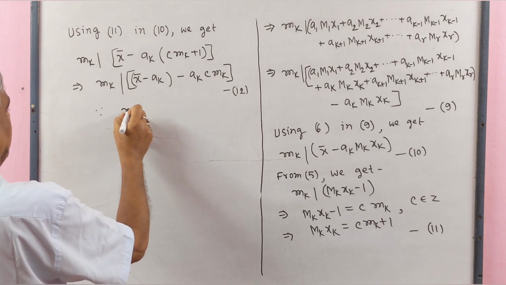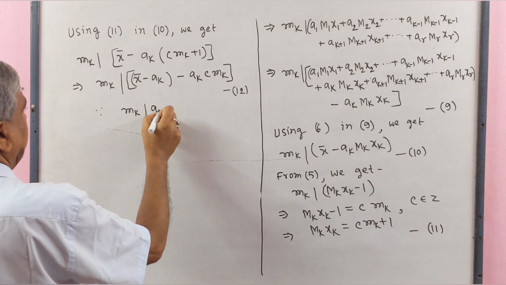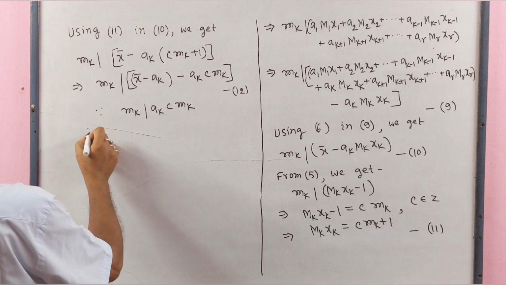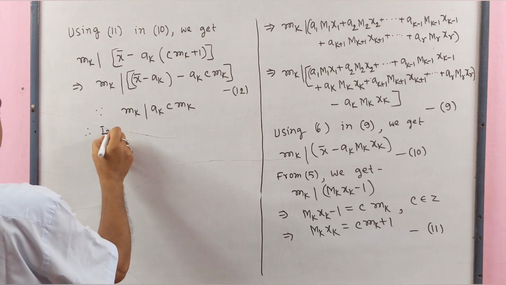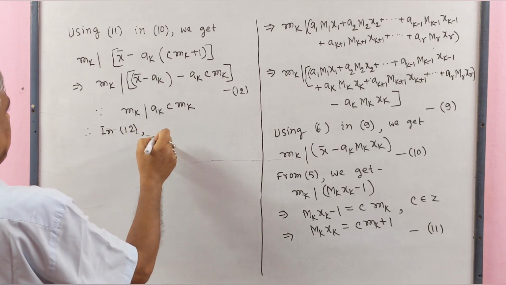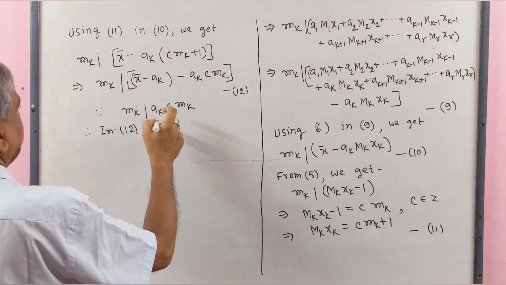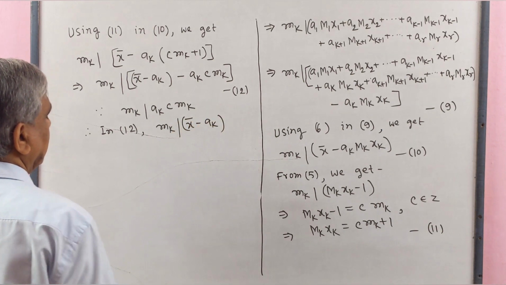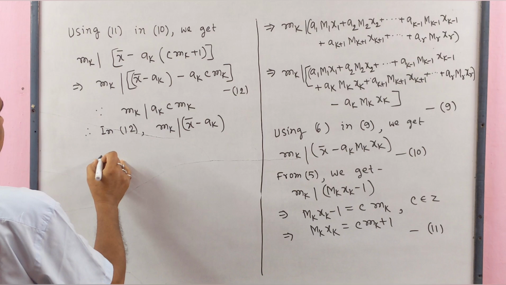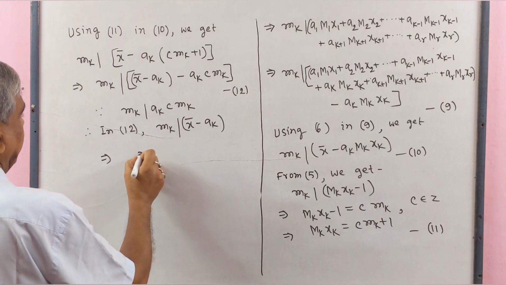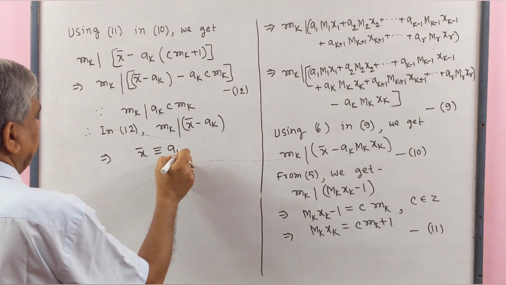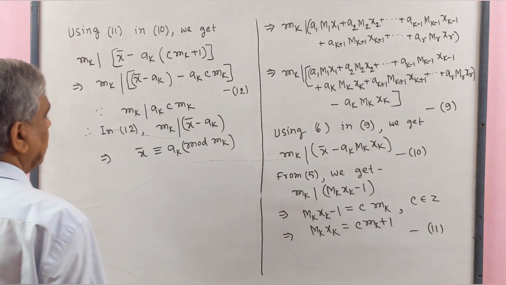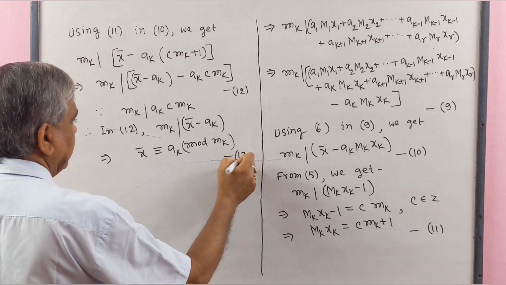Since small mk divides ak c small mk, therefore in 12 mk divides x bar minus ak, implies that x bar is congruent to ak modulo mk. This is number 13.